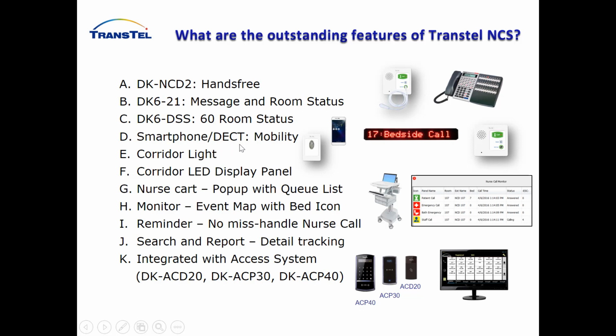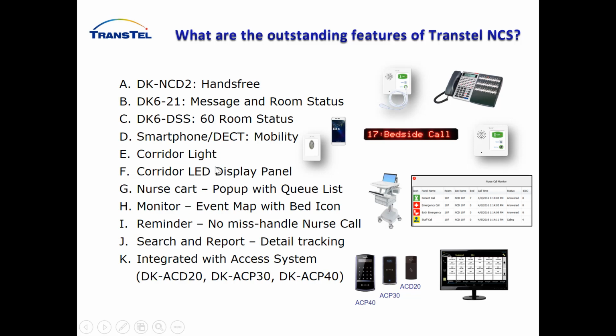Smartphone and desk phone offer mobility for the nurse. The nurse can go and make the service, and he can still receive the nurse call. When any patient makes a nurse call, he can immediately talk with the patient through his smartphone or through his desk phone.